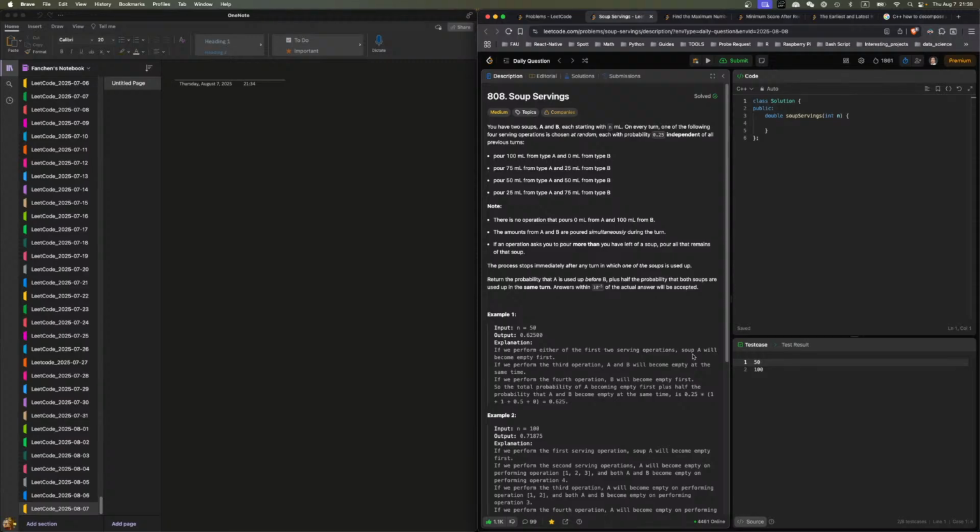And then, so the first 2 is A finishes first. The third is they finish at the same time, but we take half of it. And then the end. Okay.